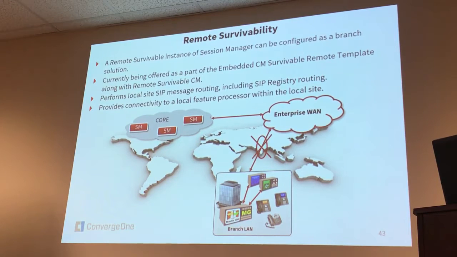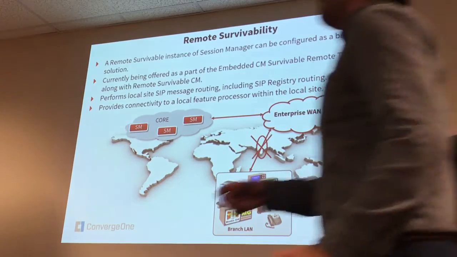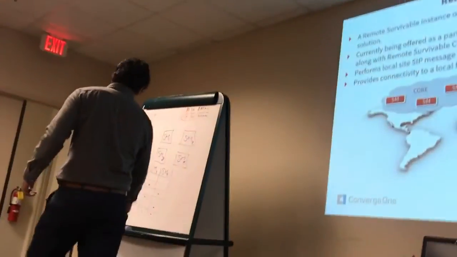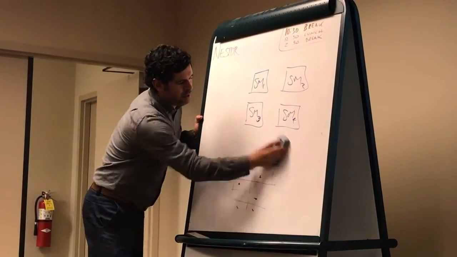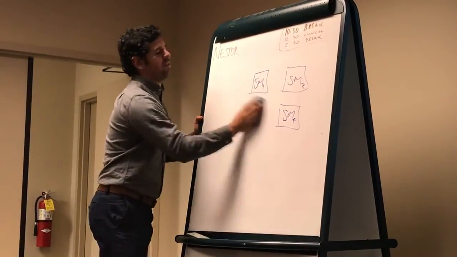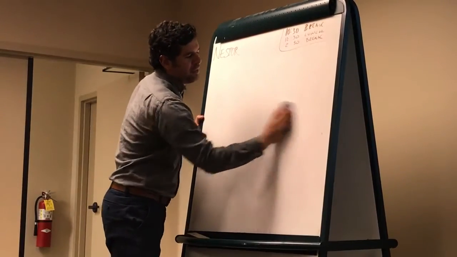Maybe you're not using it, but it's there. In release 7, the branch session manager is a completely separate OVA, a separate virtual machine that you could install on top of any server as long as you have enough resources. Since I'm talking about that, maybe it could be useful to talk about some differences between 6.3 and 7.